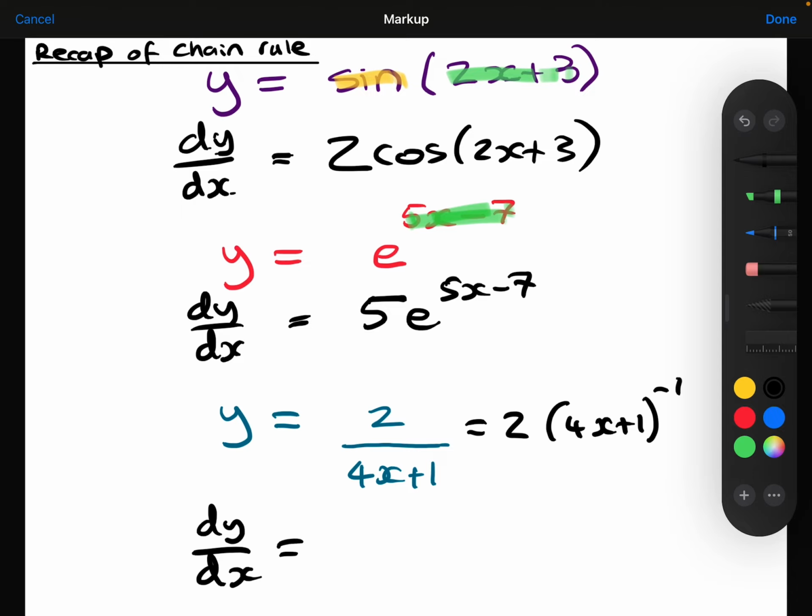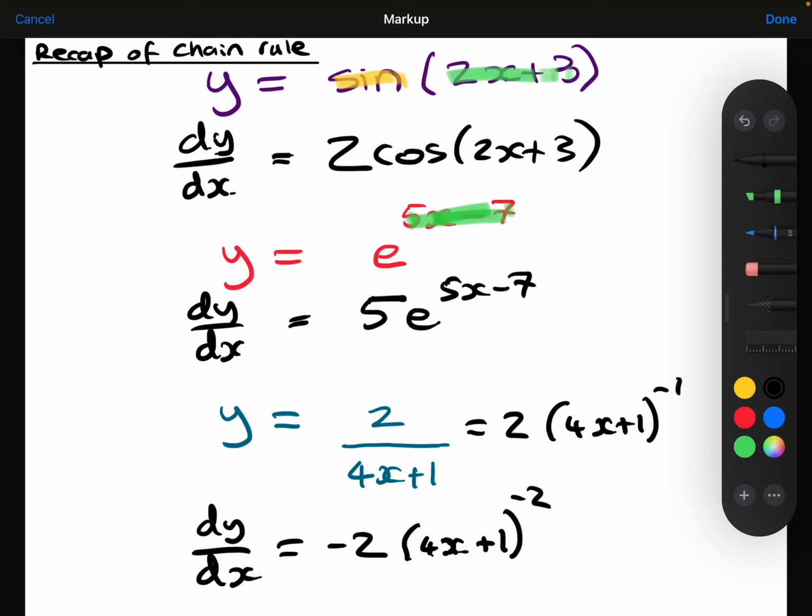Now I can differentiate. Differentiating the outside function, which is the power, I'm going to multiply by the power and then take 1 away. So 2 times minus 1 is minus 2. I'm now going to take 1 away from the power. So minus 1, take away 1 is minus 2.